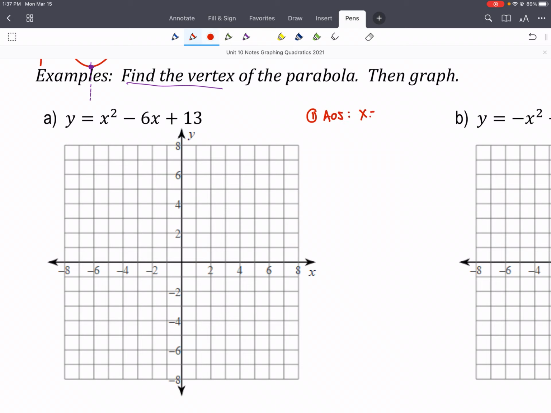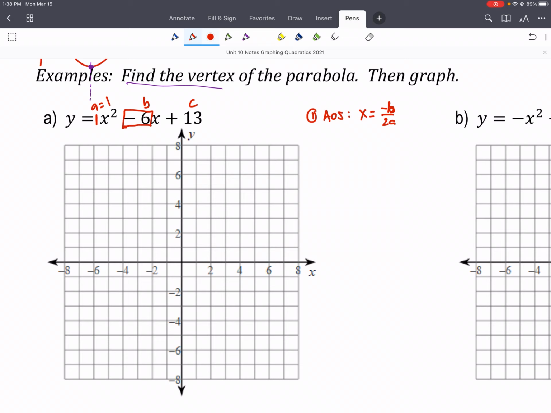And that's x equals -b over 2a. Here a is 1. Again, if something's missing, like a coefficient, it's going to be a 1. And then here our b is negative 6, and c is 13.